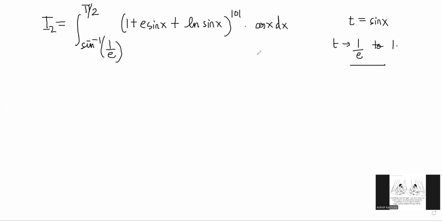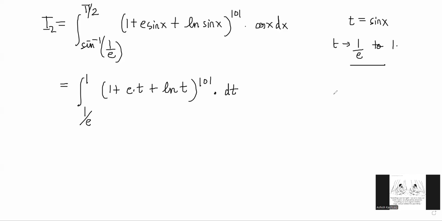Because if x is pi by 2, sin x is going to be 1, upper limit. So this integral becomes the integral from 1 by e to 1 of (1 plus e times t plus ln t) whole to the power 101 dt, right?